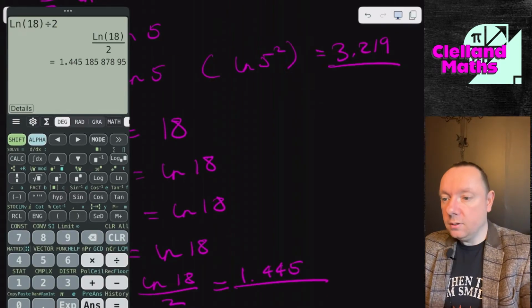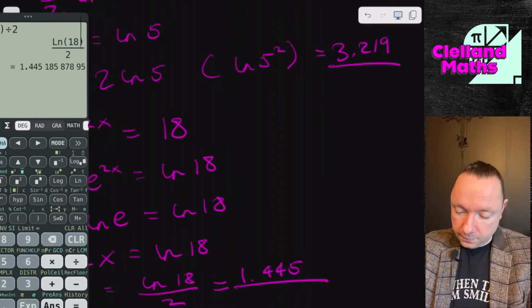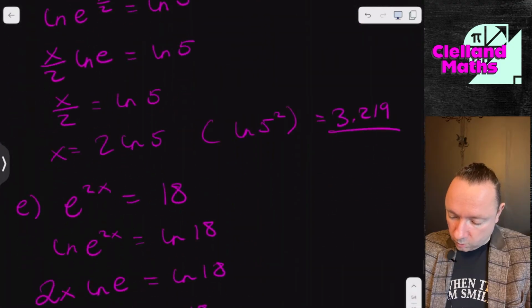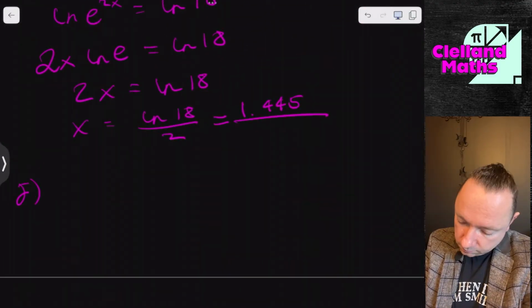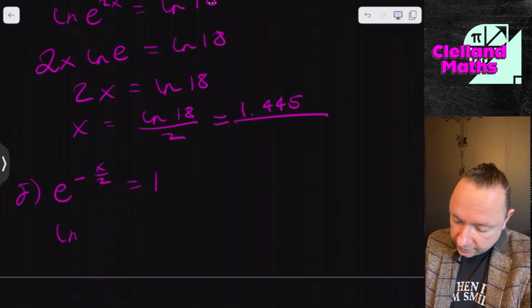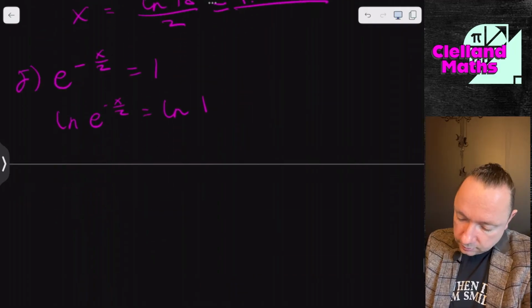And then the last one. e to the minus x over 2 equals 1. So log both sides. Take the minus x over 2 to the front.